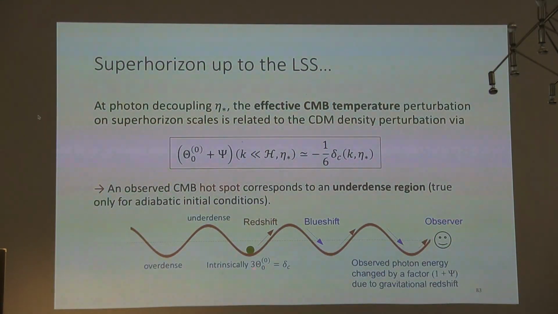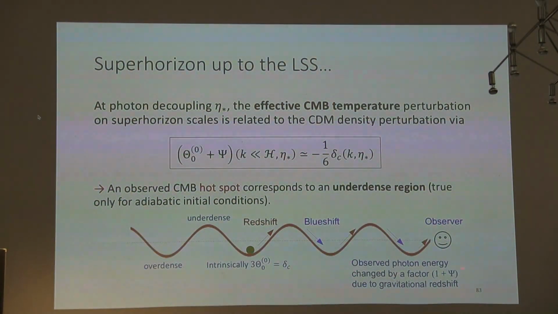So here, if you look at this green blob, which might be a photon sitting in a hotspot, so it's intrinsically hot. But when it climbs out, it would redshift, and then it will fall into another potential where blueshift, redshift, and by the time it gets to me, I need to correct for the fact that where I'm sitting does not have the same potential as where the CMB photon had originated from in the first place.